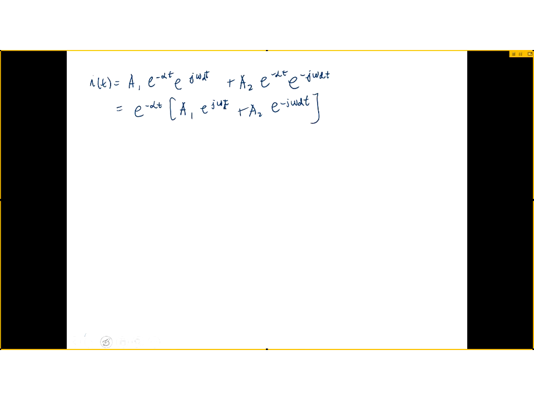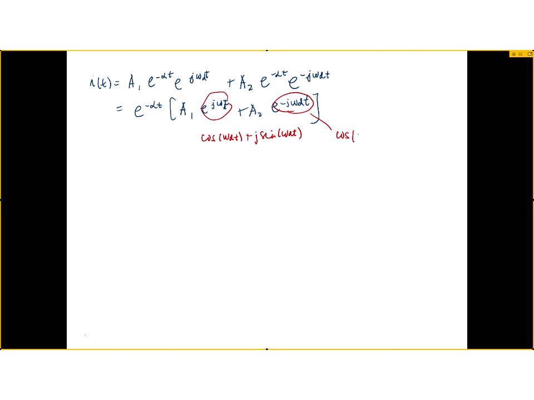Okay, and then what do you think I'm going to do here? I'm going to invoke Euler's identity and say, what is e to the j omega t? It's cosine of omega dt plus j sine omega dt, right? What is e to the negative j omega dt? It's cosine of negative omega dt, which is the same as the cosine of the positive, because cosine is an even function.